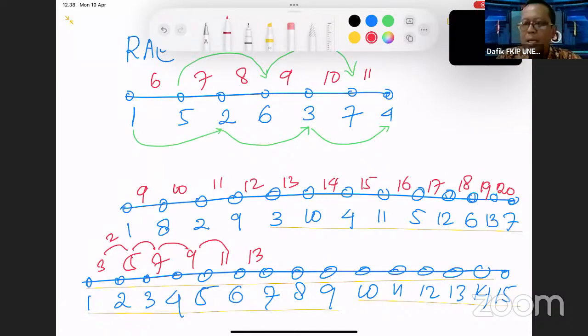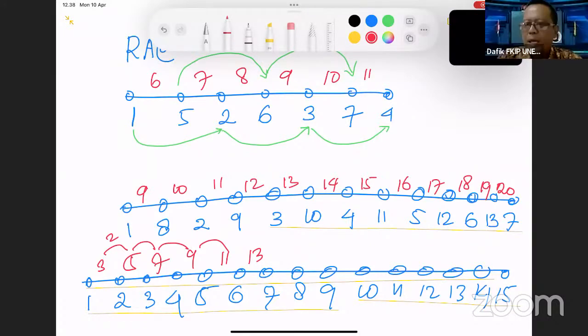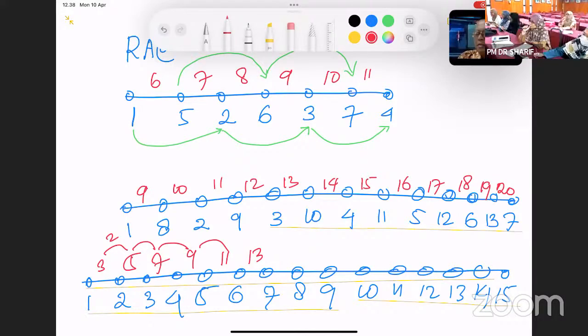Colors mean, in the proper coloring, the number of different edge weights. For example, here 6, 7, 8, 9, 10, 11.